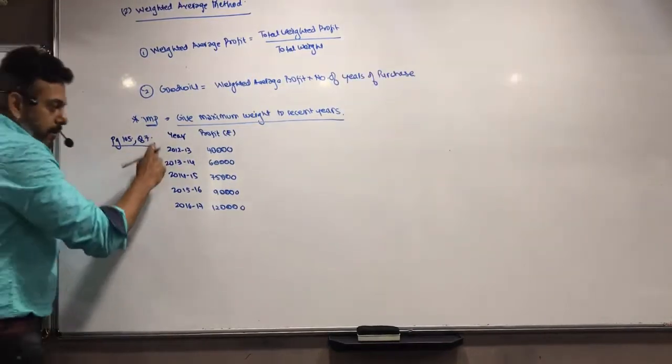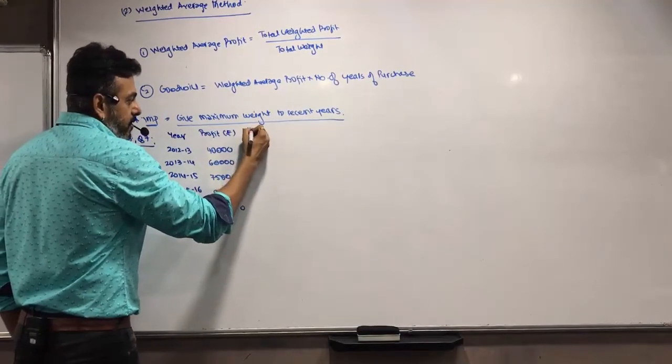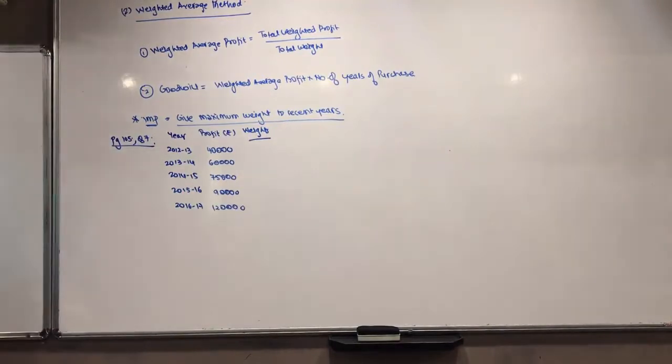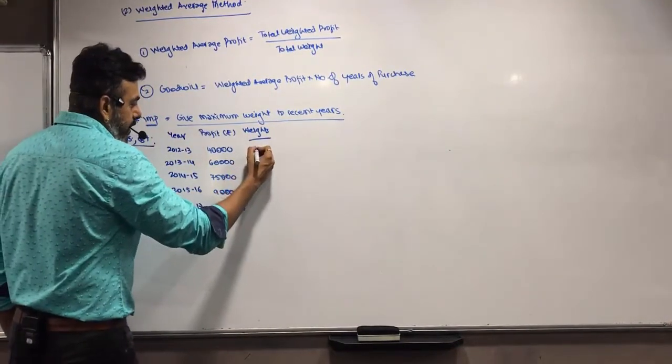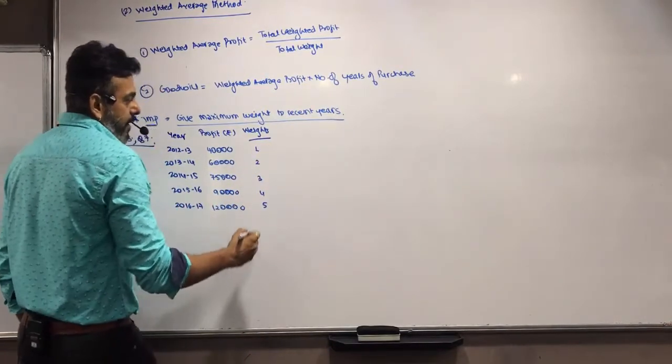Now, year is given, profit is given, we assign weights. Now, highest weight किसको दोगे तुम? 16, 17. So least will be 12 and 13. So 1, 2, 3, 4 and 5.